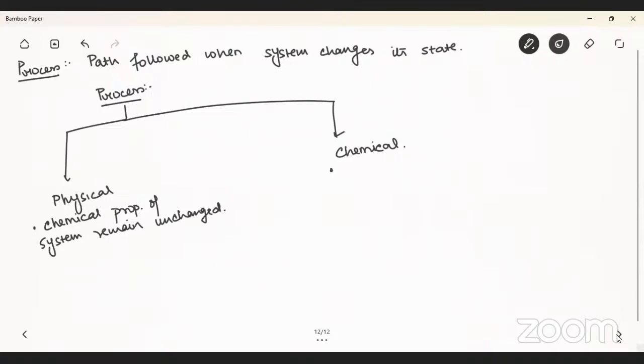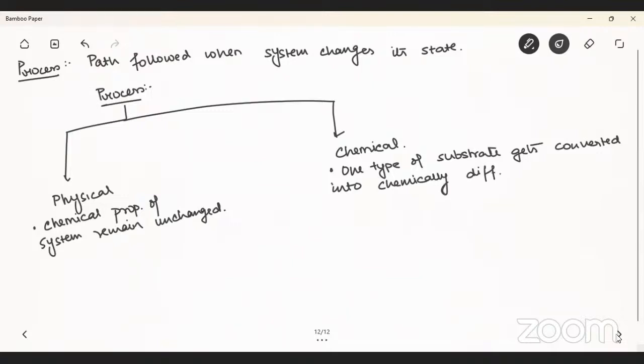So during the chemical process, one type of substance gets converted chemically into another type of substance. Chemically different type of substance.